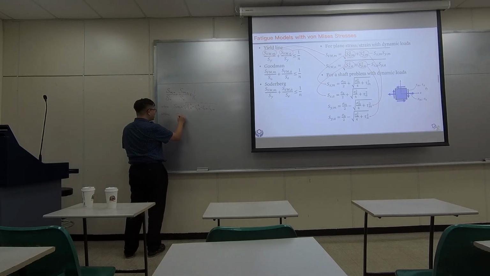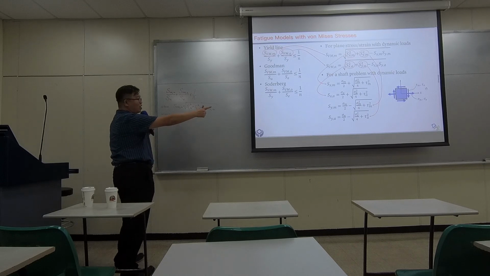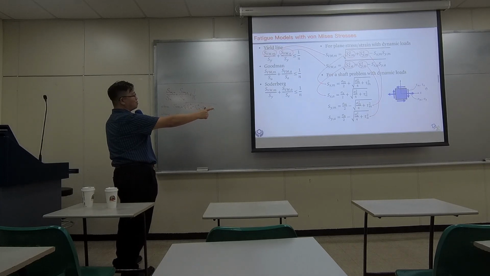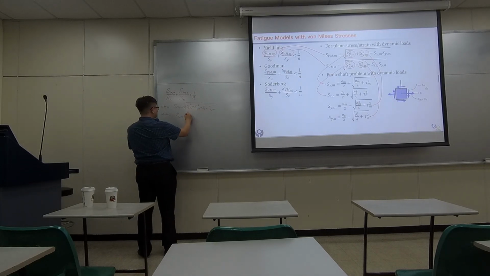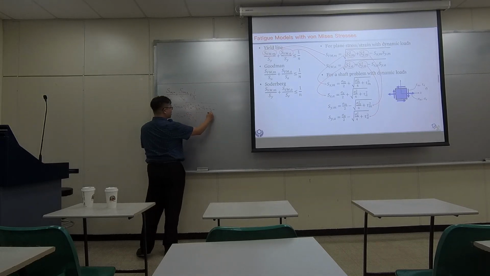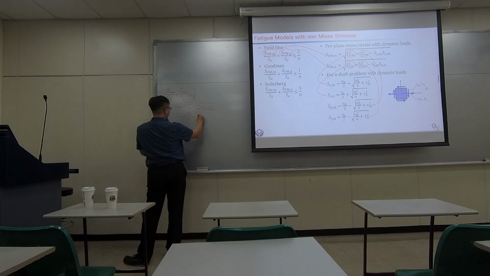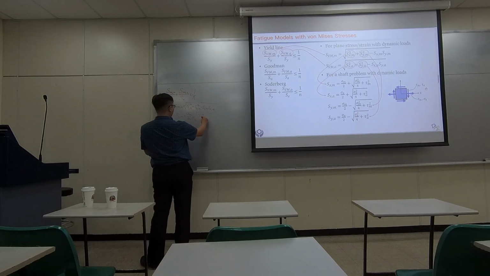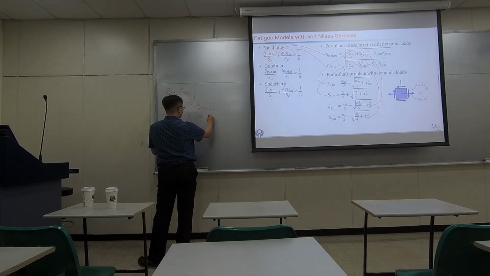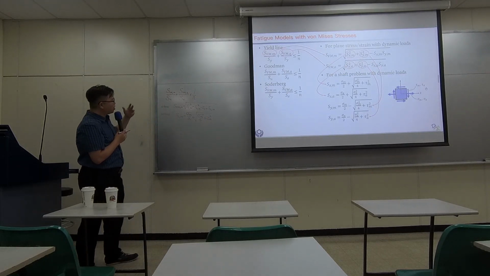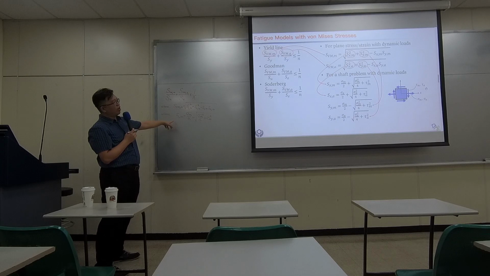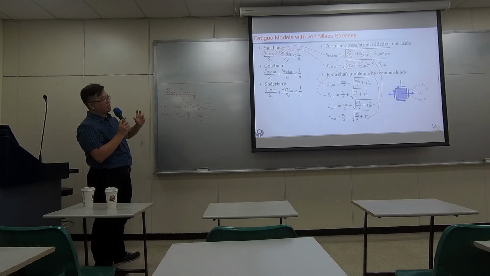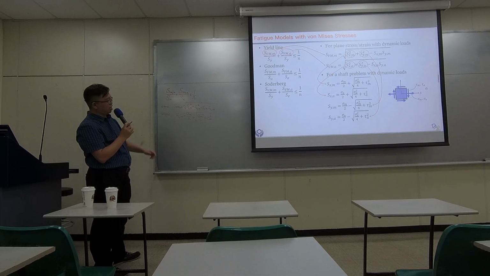S1 mean equals, if we are dealing with a shaft problem, then this is sigma mean over 2 plus the square root of sigma mean square over 4 plus tau mean square. Okay, if we have a shaft problem with bending and torsion.